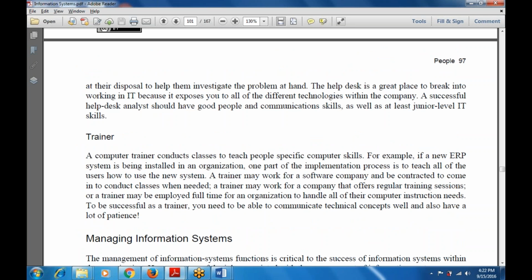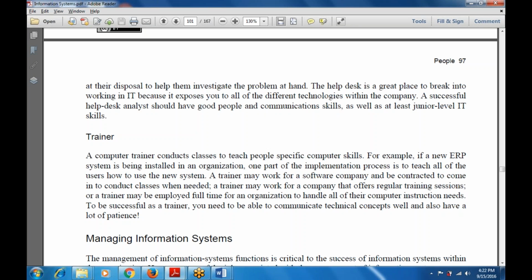Then the next one, the trainer, who provides computer training and computer skills to different people. For example, if a new ERP system is being installed in an organization, one part of the implementation is to teach all of the users how to use the new system.